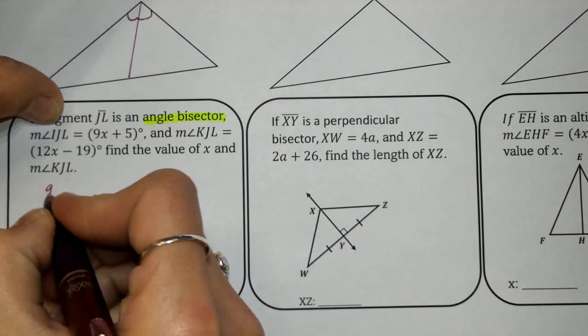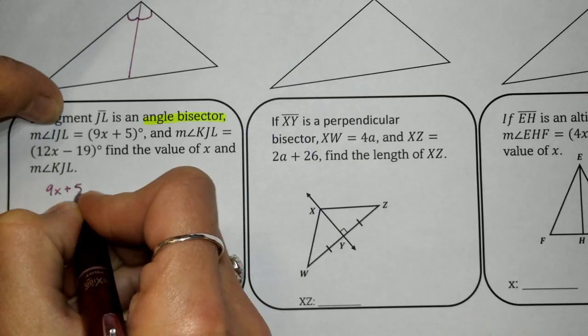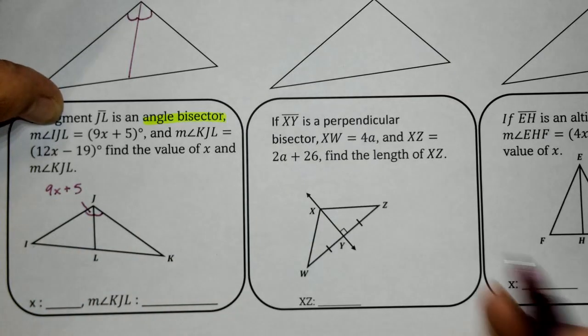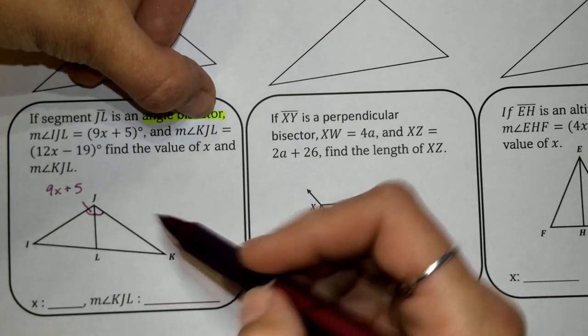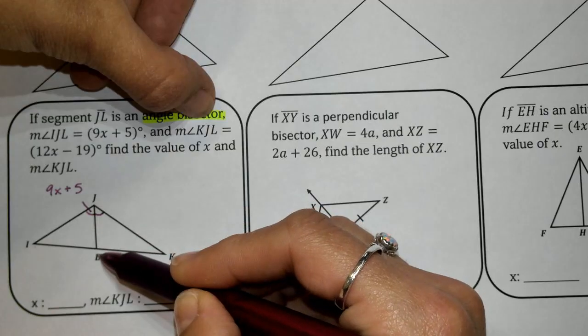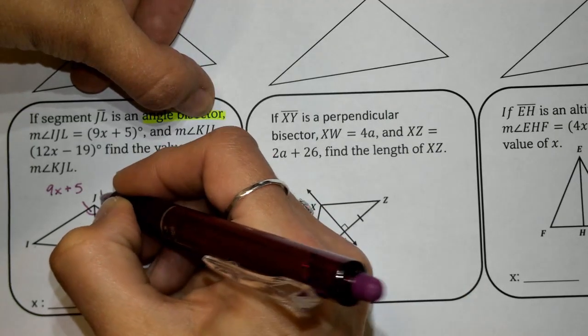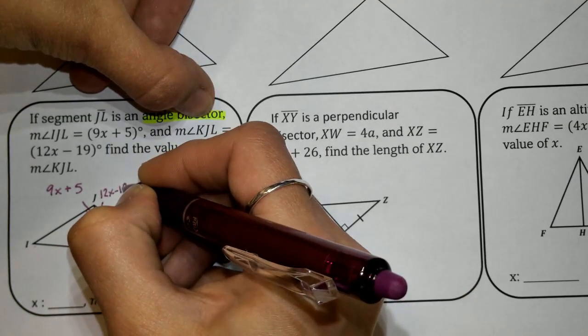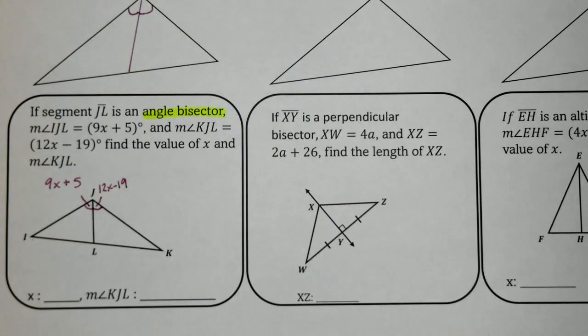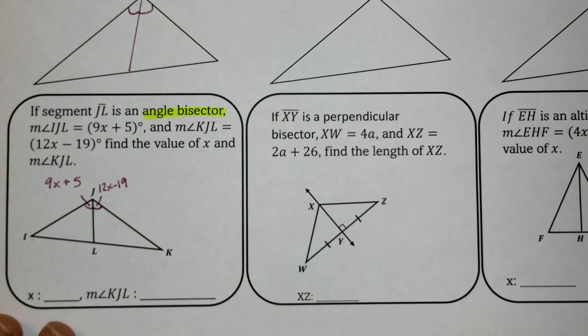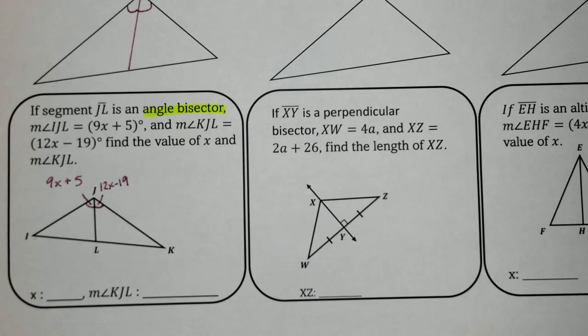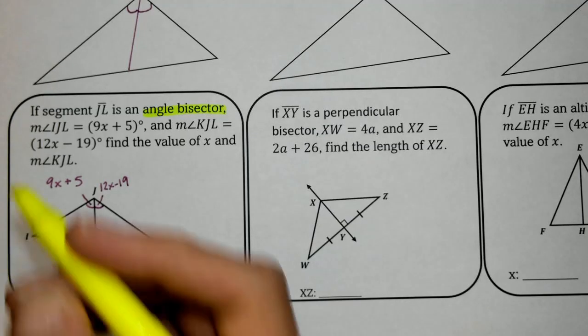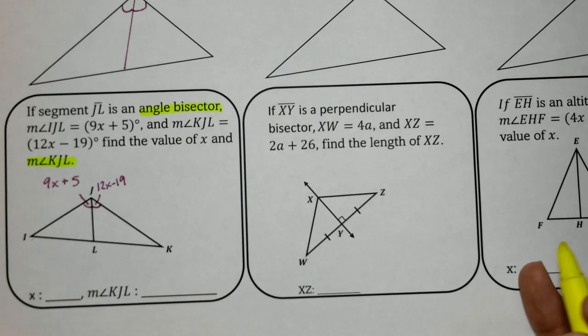Please label your diagram so you can see clearly what we're dealing with here. So here's 9x plus 5. The measurement of angle KJL, so for K to J to L, is going to be 12x minus 19. So we have our two parts. We will be doing part equals part. Now, reading further, we need to see that not only are we going to solve for x, but we're also going to find the measurement of angle KJL.